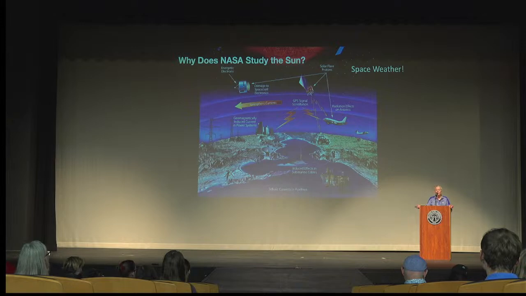So NASA wants to understand more about these events, what causes them, how can we predict them, and we actually have a space weather program that's going on right now, and NASA's looking at establishing a space weather program office, and where that office will be, that is at what center it will be located, is still to be determined.